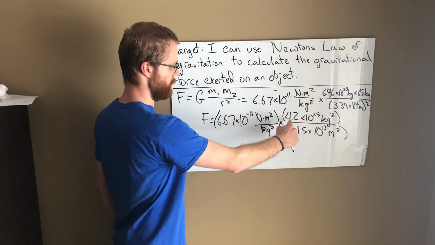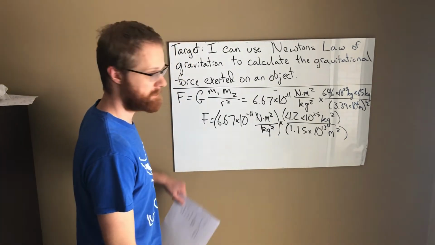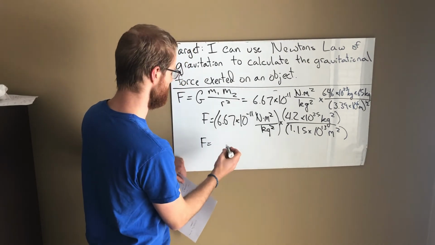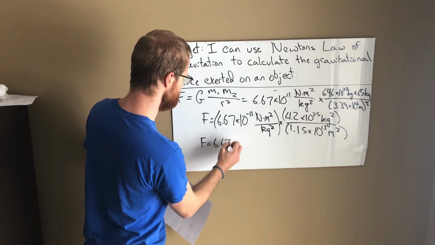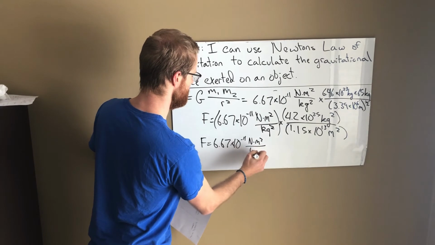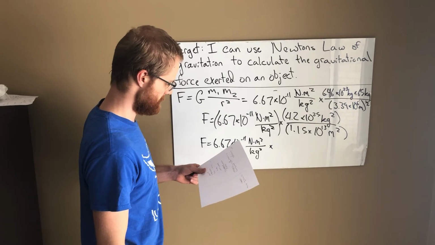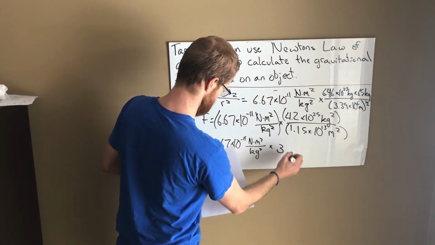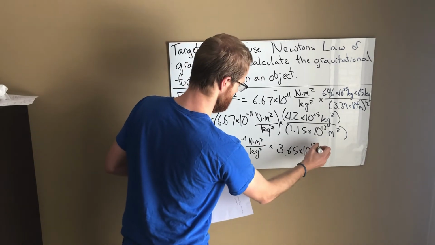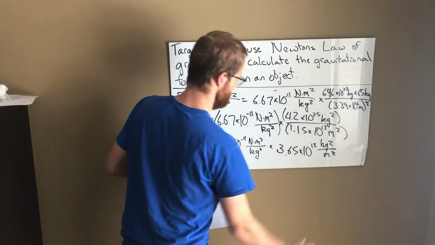Okay. So we'll take 4.2 times 10 to the 25th divided by 1.15 times 10 to the 13th. So the force between the planet and the person is going to be 6.67 times 10 to the negative 11th Newton meters squared divided by kilograms squared, and we're going to multiply that by 3.65 times 10 to the 12th kilograms squared per meters squared.